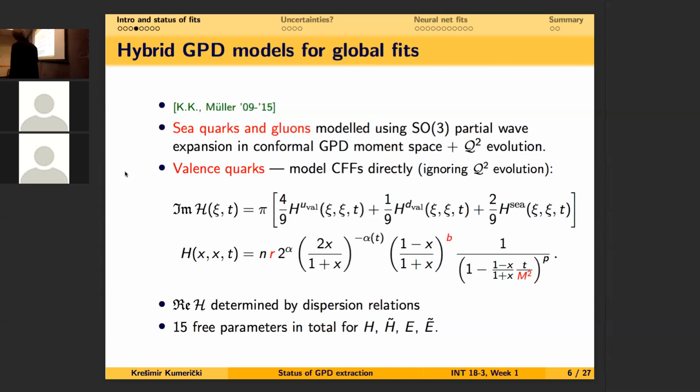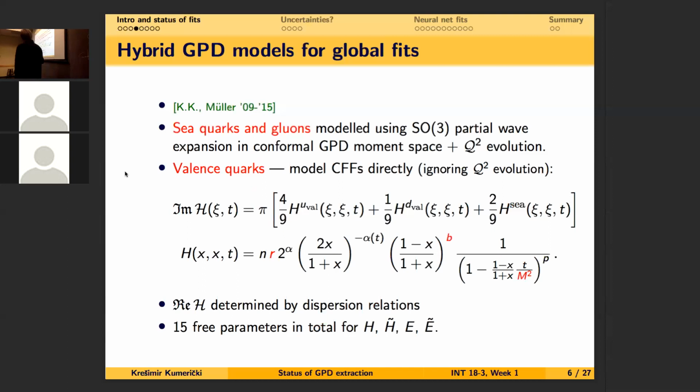The valence quarks we model directly at the Compton form factor level by a GPD-inspired ansatz, which is written here. You can recognize the ansatz, which is quite similar to the ansatz used by the PDF fitting people.